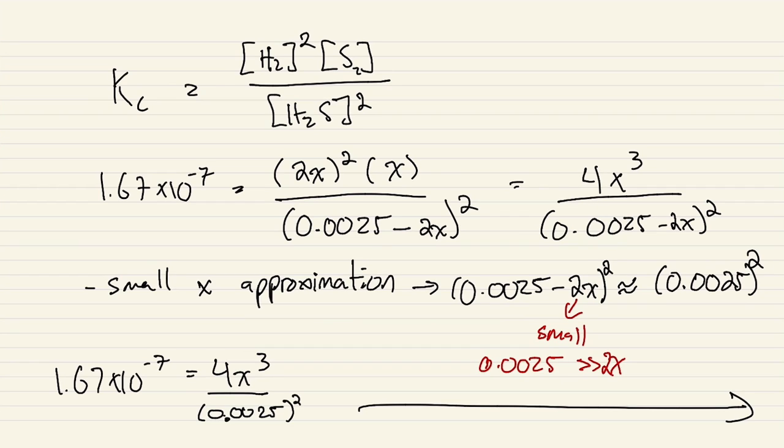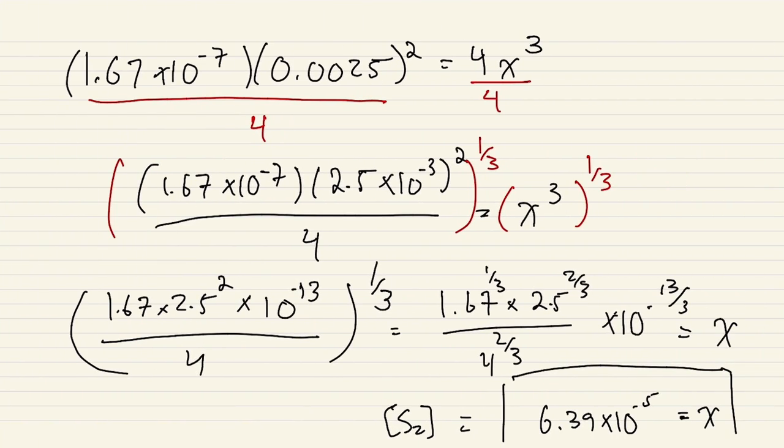We have to solve for the H2. We can solve for H2, right? So this H2 is just equal to 2 times X, which is equal to 12.78 times 10 to the minus 5.